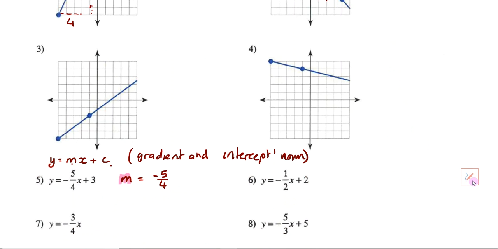Yeah? Doing this one first. This one, we've got the rises 1, 2, and 3. And it's 1, 2, 3, 4. So 3 over 4. This one is minus 1 over 1, 2, 3, 4. Minus 1 over 4. Okay?